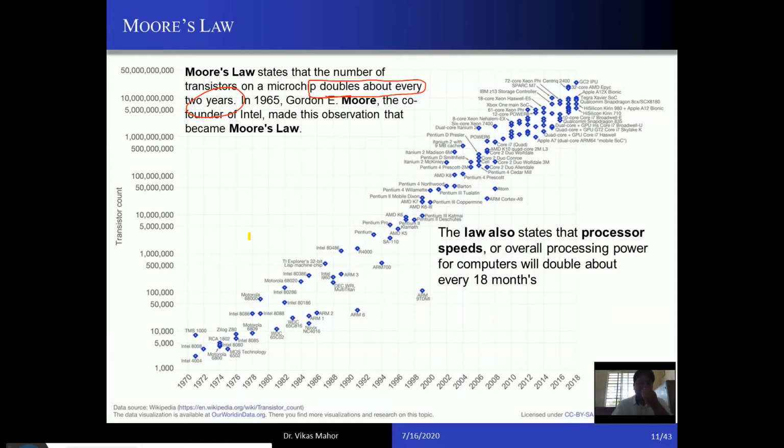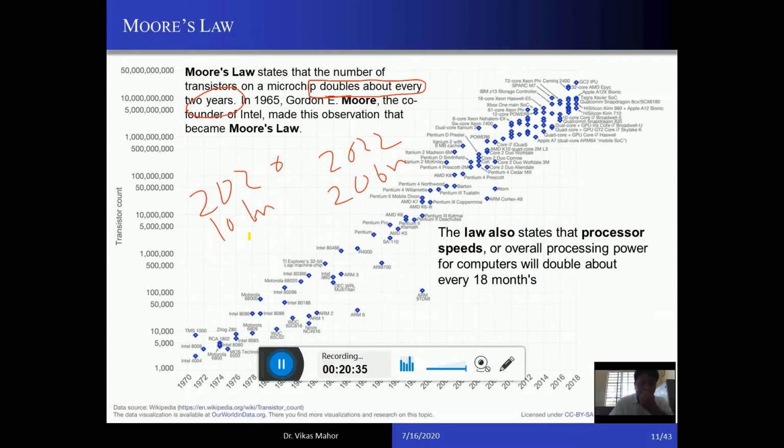For example, in 2020, if the number of transistors on a single IC is 10 billion, then in 2022, the number of transistors on that kind of IC would become 20 billion. Fine. This is the level of development. This is the level of scaling.